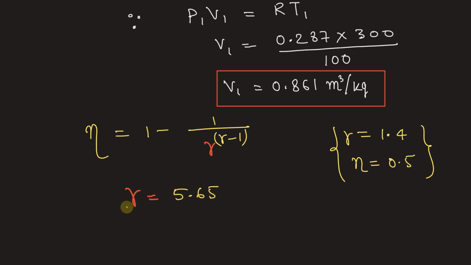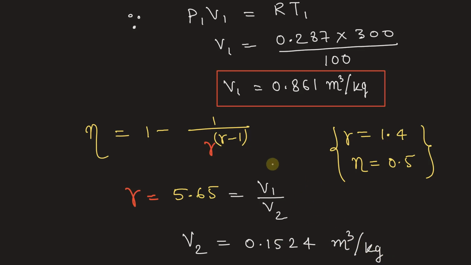Now we also know that r is equal to V1 upon V2, so we can calculate V2 because we have already calculated V1. V2 will be equal to V1 divided by 5.65, which comes out to be 0.1524 meter cube per kilogram.